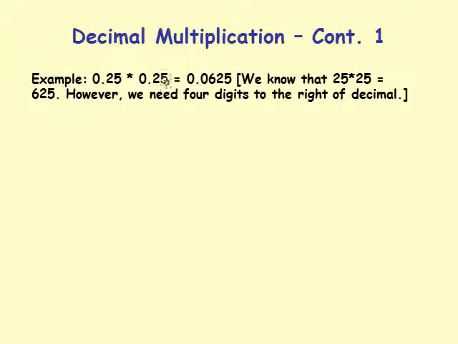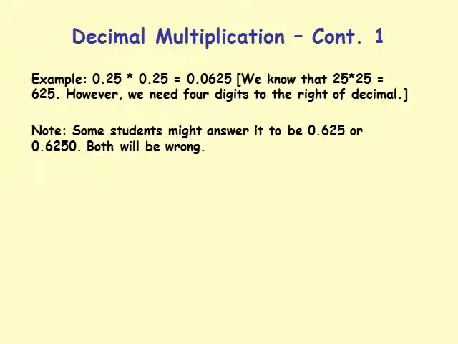Let's continue with the multiplications. We already did 0.25 times 0.25 is 0.0625. Note that some students might answer 0.625 or 0.6250. Both will be wrong, and they both represent the same value, 0.625.